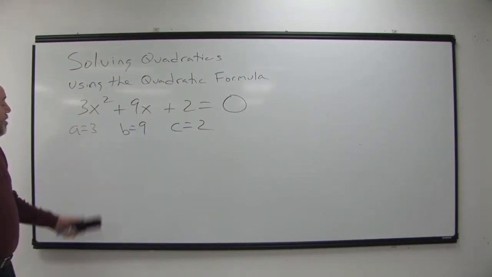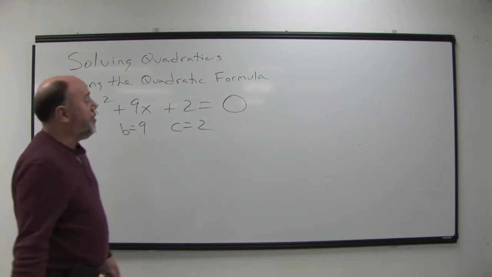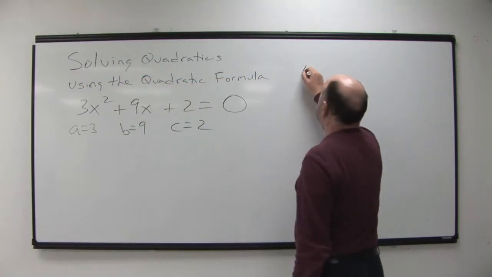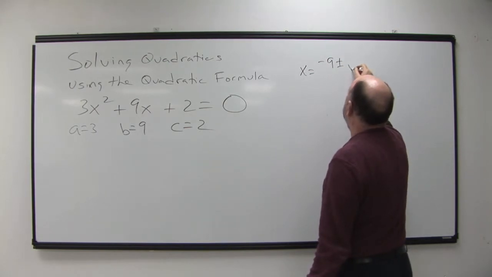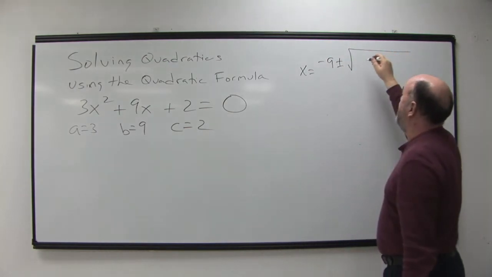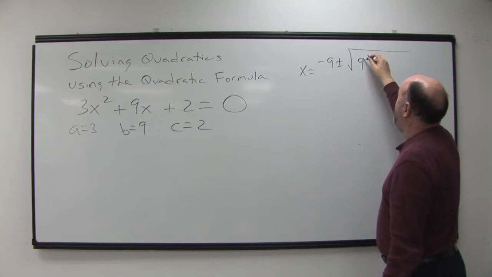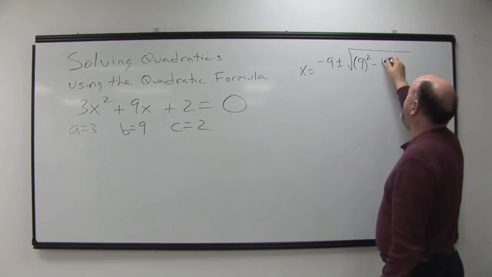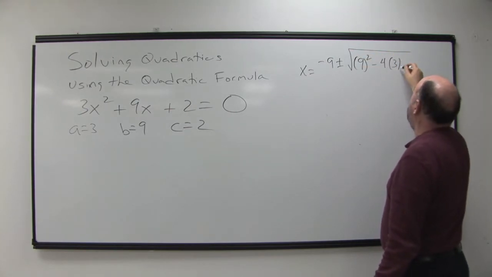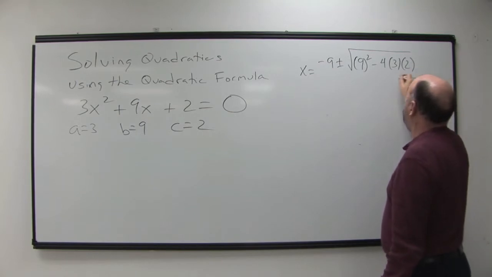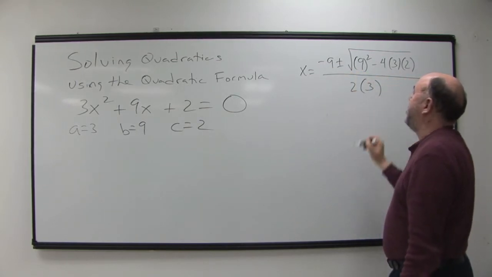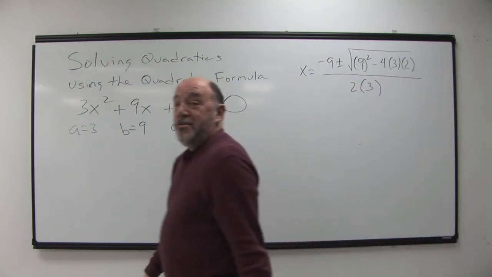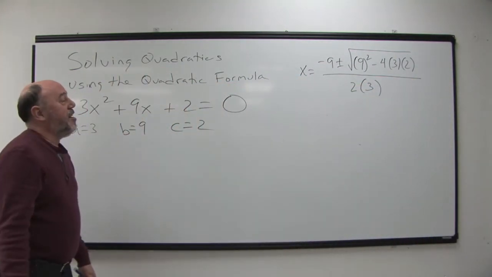And then we want to take those and again plug them into our formula. So x is going to equal minus 9 plus or minus the square root of 9 squared minus 4 times 3 times 2, all over 2 times 3. Again, the next part of this is to do all the number crunching.